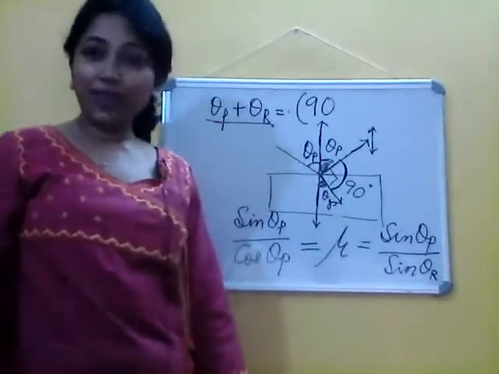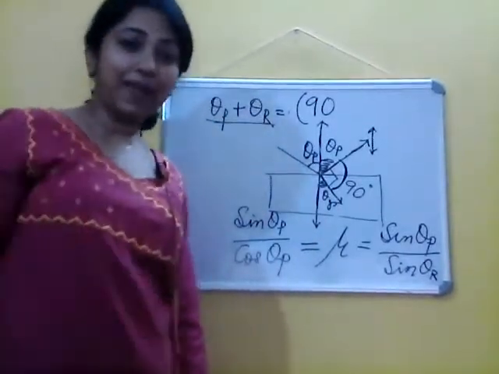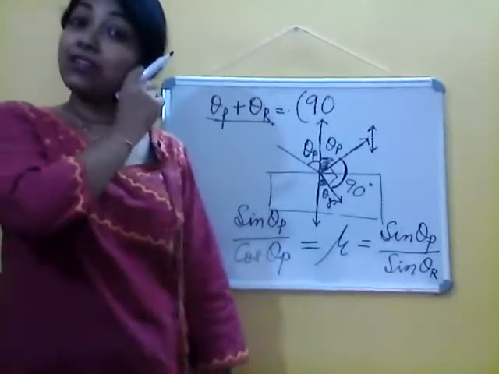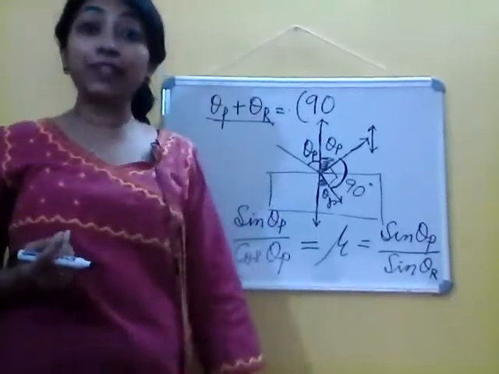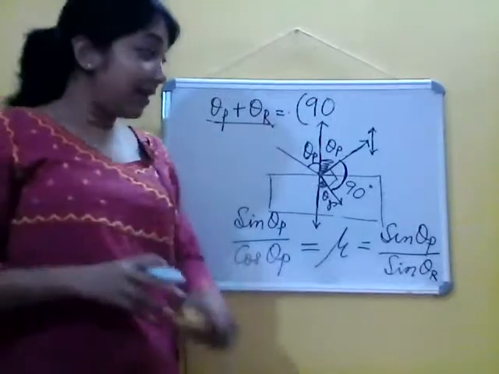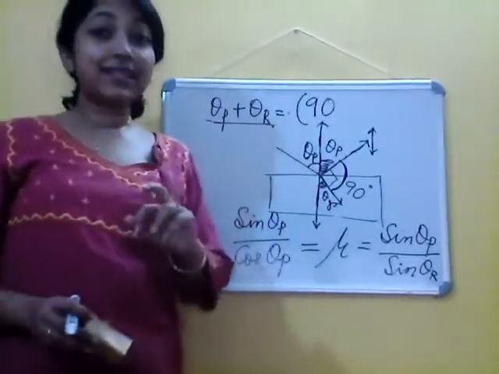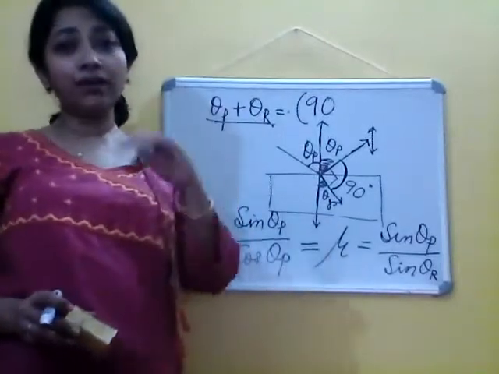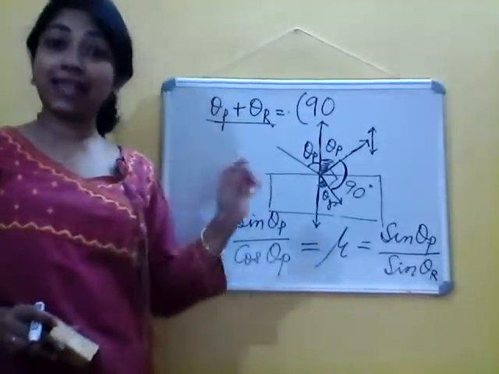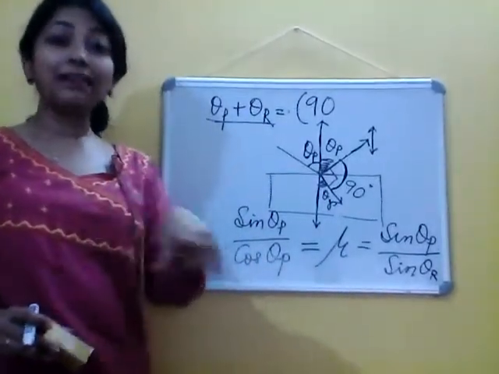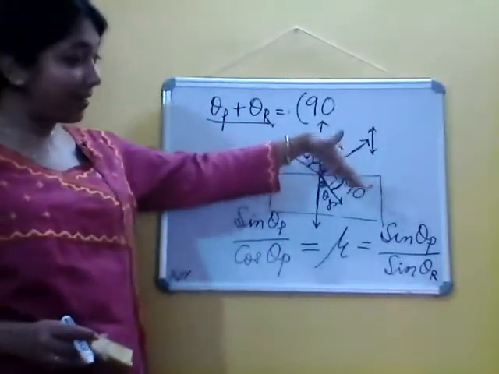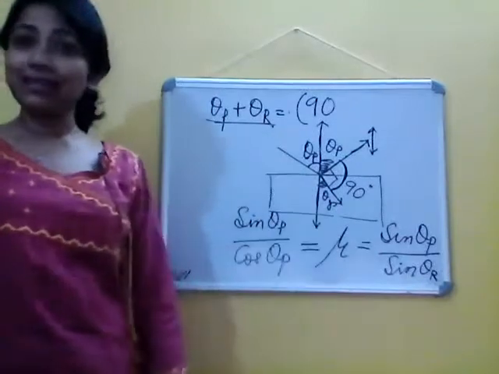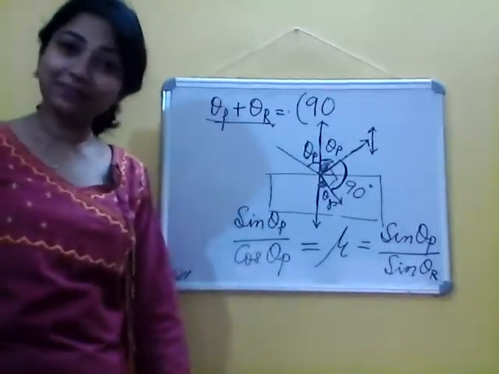Right? It's very nice. You all are giving me the same feedback that you have also followed this. So in the examination, if they ask you to prove that if some light is incident on an optical medium at the polarizing angle, the reflected ray and the refracted ray are at 90 degrees, you can very easily show it like this. Correct?